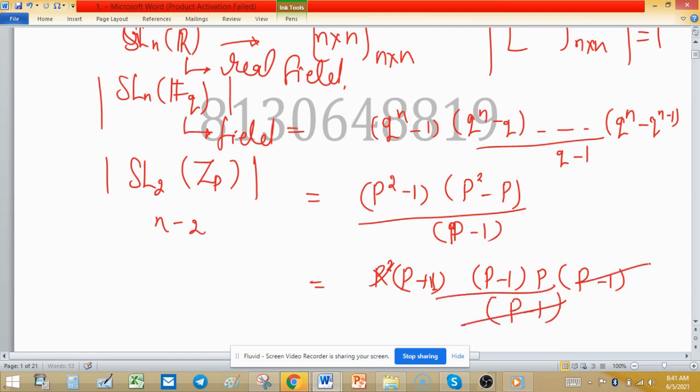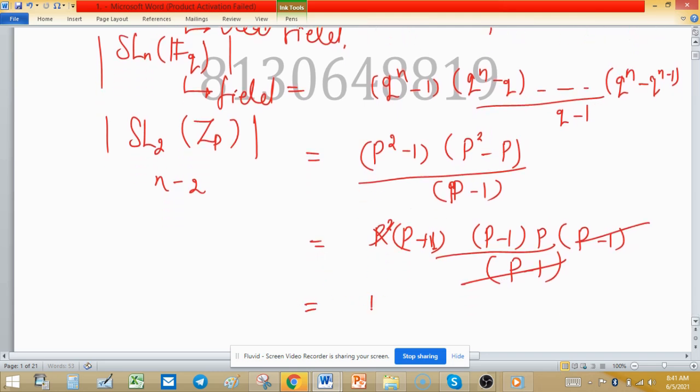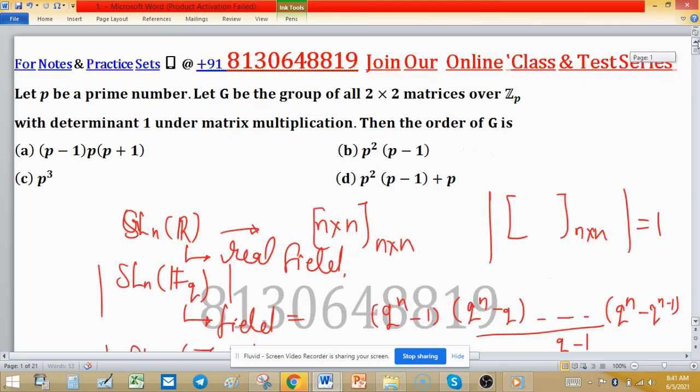So this one is cancelled out by this one, and we have (p − 1), p and (p + 1). Now check which option is giving this, so option A is correct here. If you remember this formula, then it is a very easy problem.